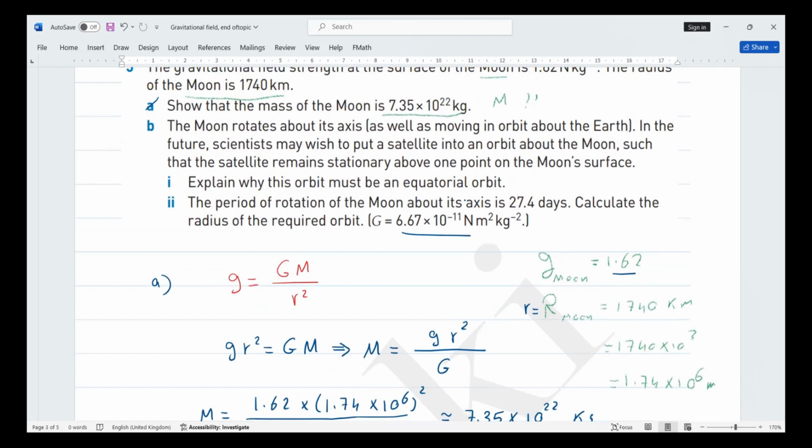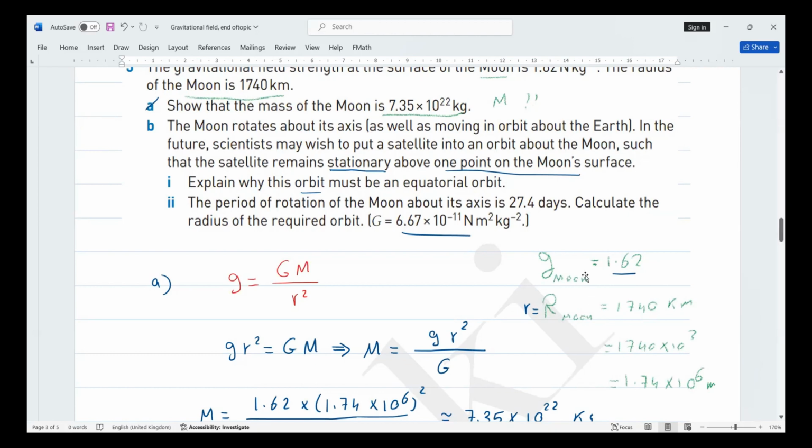Now, in part B, it says the moon rotates about its axis. In the future, scientists may wish to put a satellite into an orbit about the moon, such that the satellite remains stationary above one point on the moon's surface. Explain why this orbit must be in the equator.